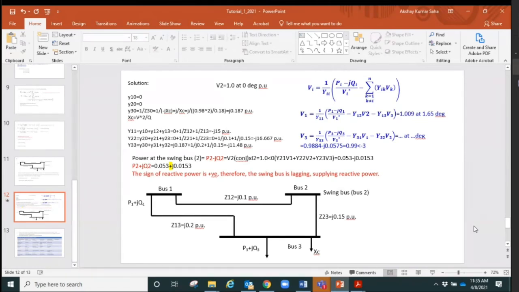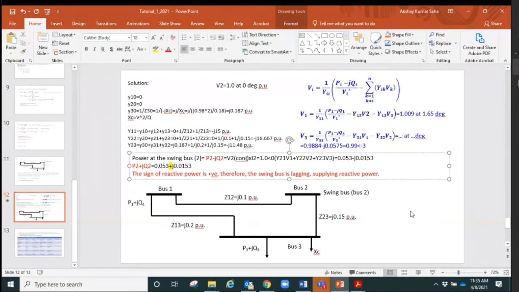For the swing bus, we want to know after the load flow study what are the P values and Q values they are going to supply. This example is also showing that these are the P values and Q values that need to be supplied by the swing bus so that the system remains in steady state, although I did not write the question in that way.